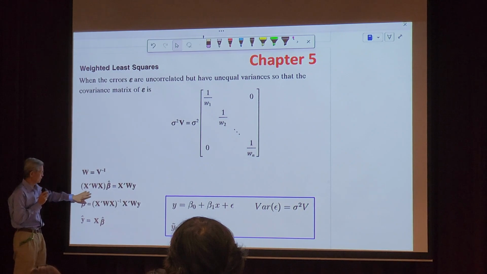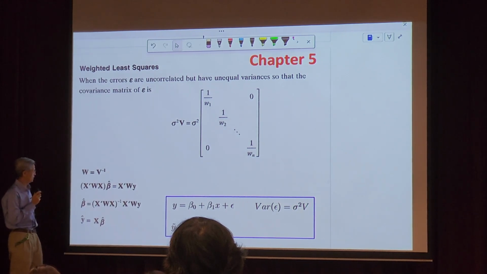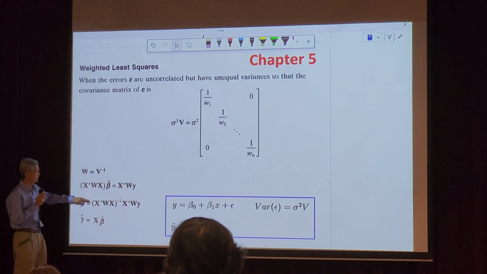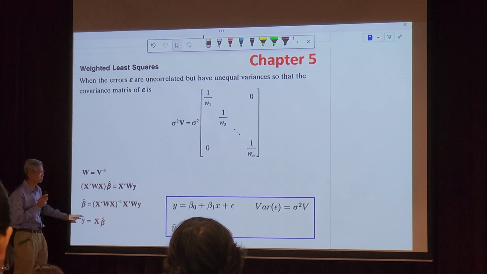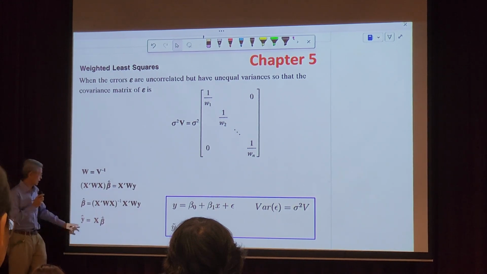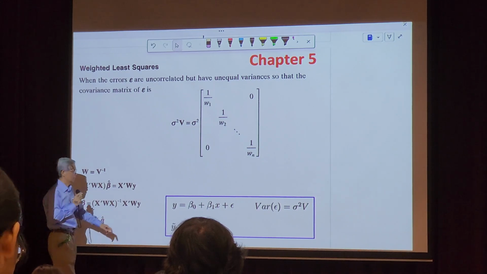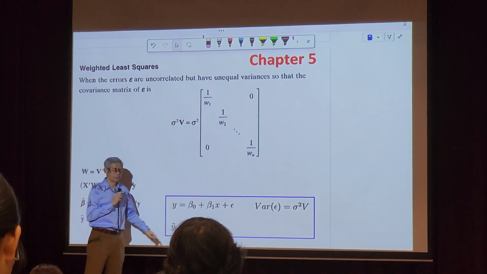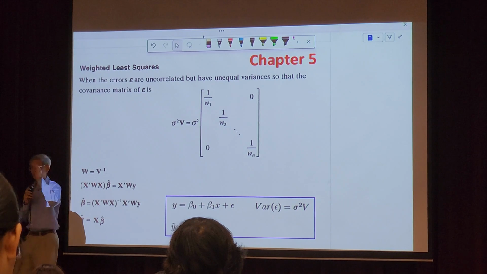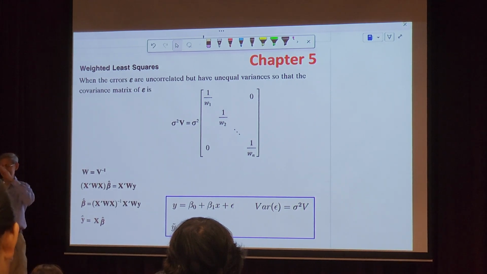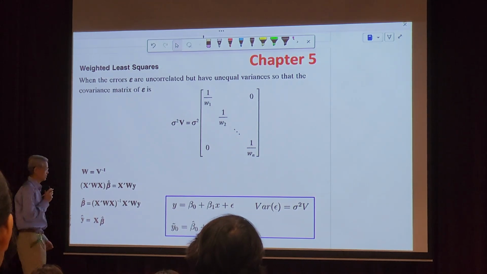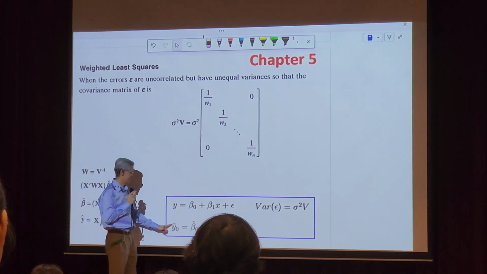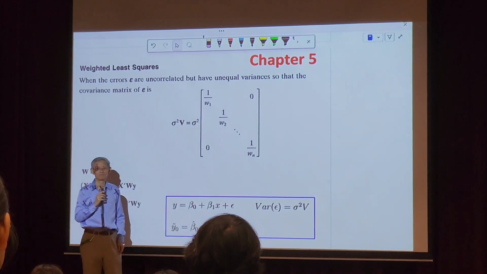And then you can fit the model and obtain this fitted value, and then calculate y tilde. So you have to fit a least square regression model first, and then use that model to calculate the fitted value.